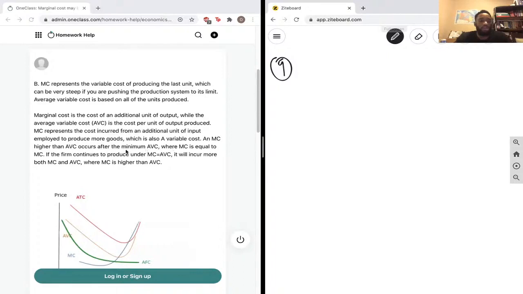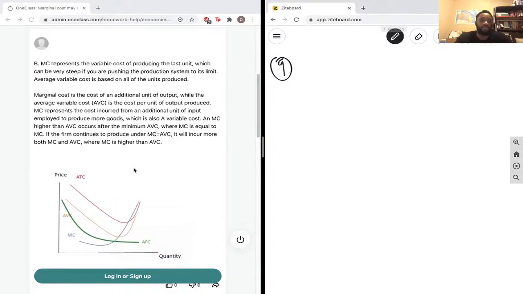Marginal cost higher than average variable cost occurs after the minimum average variable cost, where marginal cost is equal to average variable cost. If the firm continues to produce past where marginal cost equals average variable cost, it will incur more of both marginal cost and average variable cost, where marginal cost is higher than variable cost.